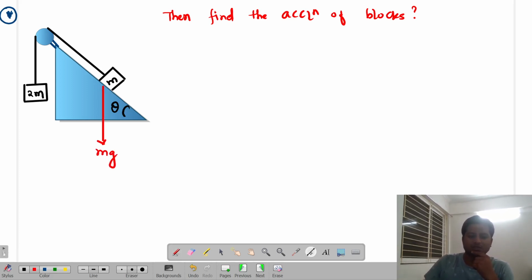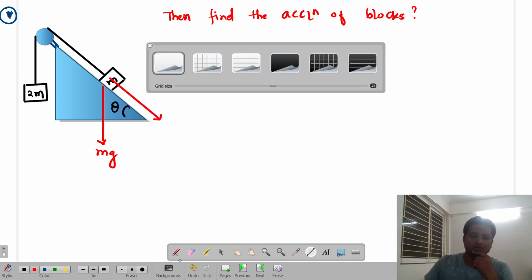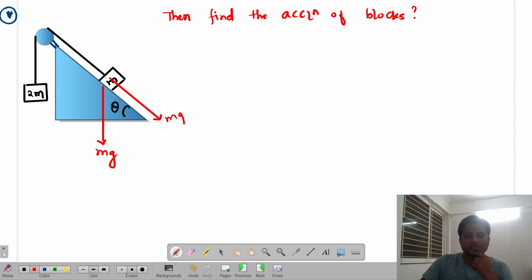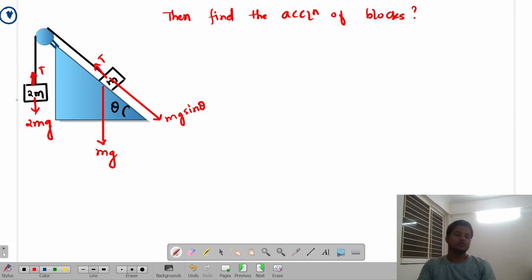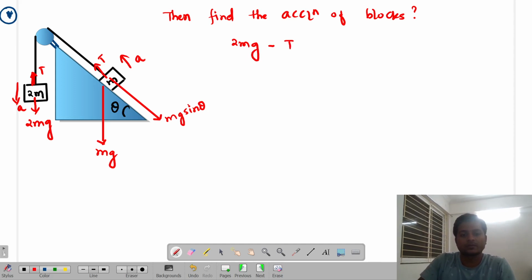So this is mg towards this side. It will be how much? Mg sin theta. This will be mg sin theta. And then since the thread is one, this will be tension T, this will be the same tension T, and this will be twice mg. Are you able to get me? So this will go down with acceleration A and this will go up with acceleration A. So the equation becomes twice mg minus tension T is equal to twice ma, and this becomes T minus mg sin theta is equal to mass into acceleration.